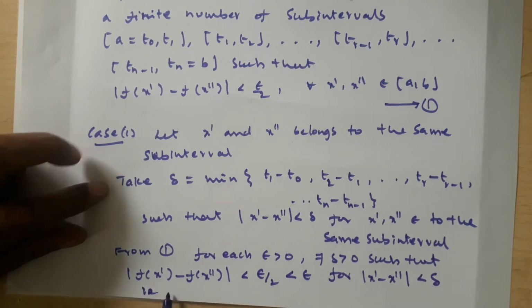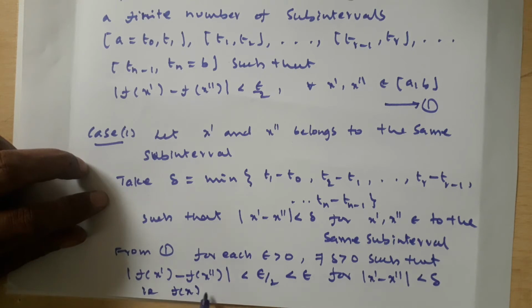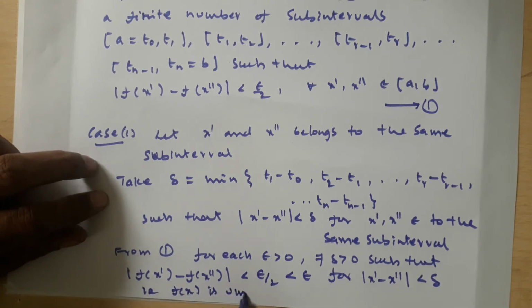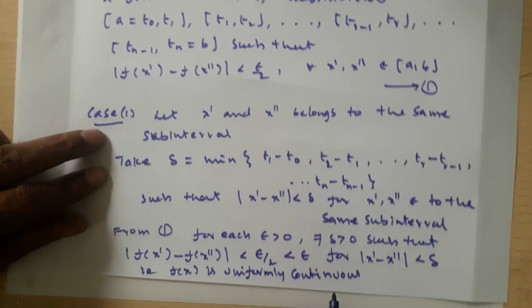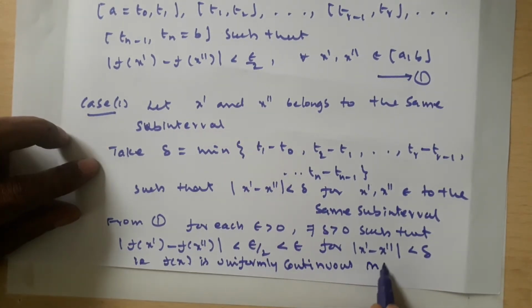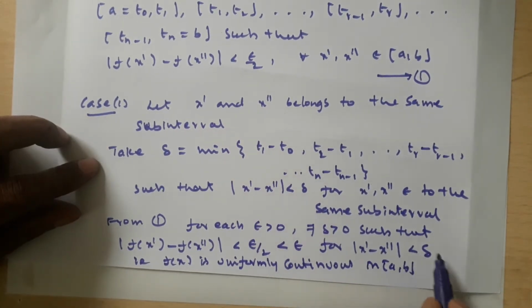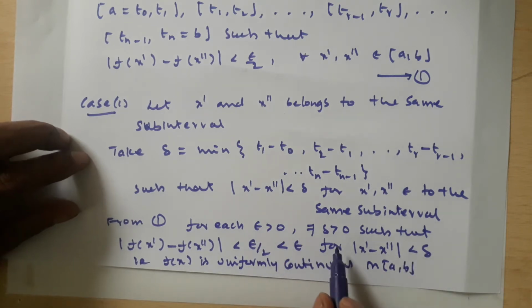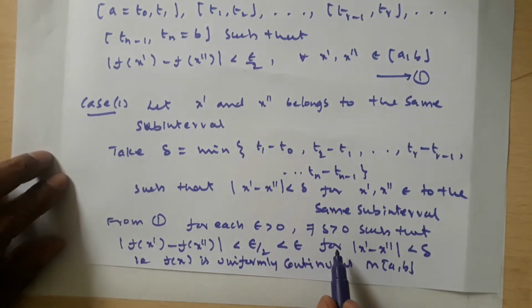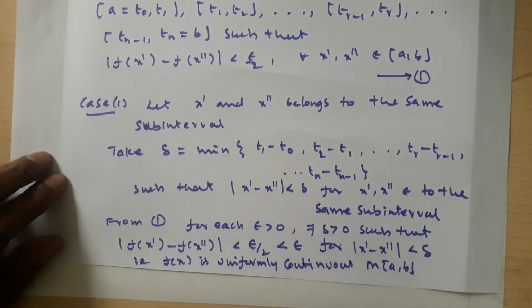That is, f of x is uniformly continuous in closed interval a comma b by the definition, because this is the definition of uniform continuity of f of x.